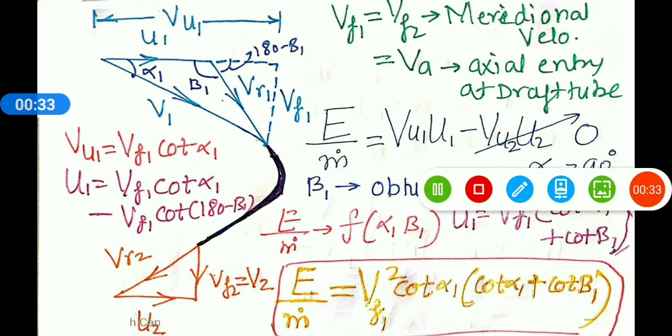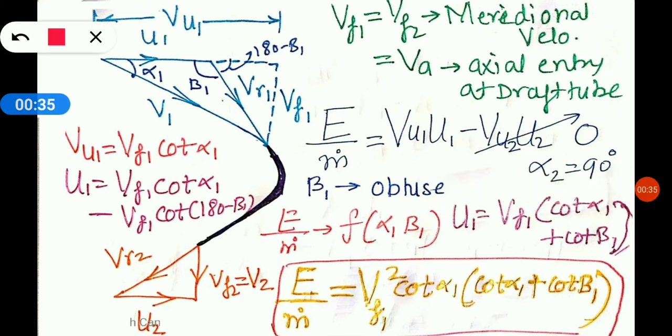Now as you can see here, this is the inlet velocity triangle, this is alpha 1, this is beta 1. Now here you should notice that the beta 1 which we have taken is obtuse. Generally in books we are taking this as beta 1, but here I have taken this as beta 1 obtuse angle.